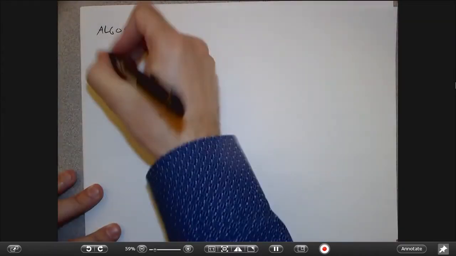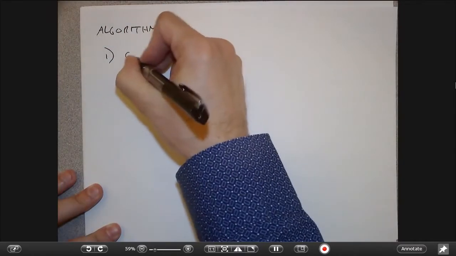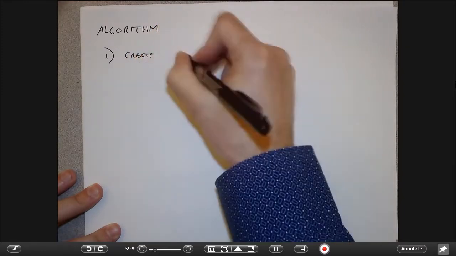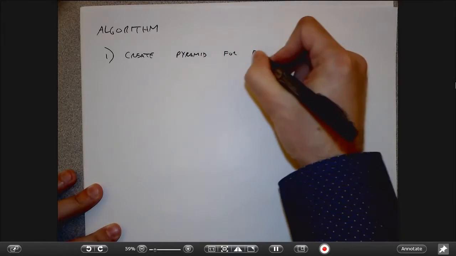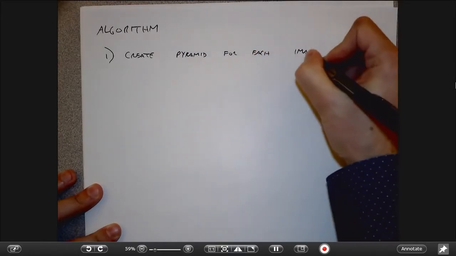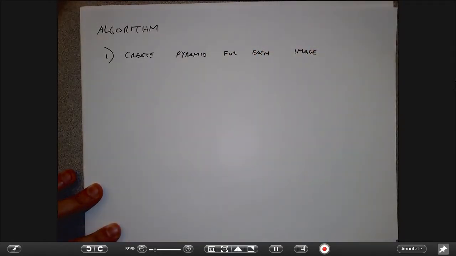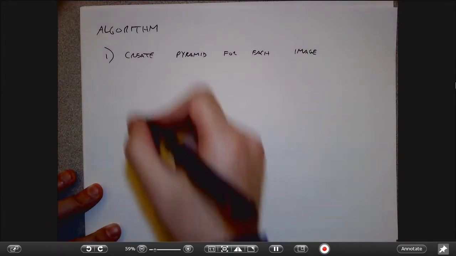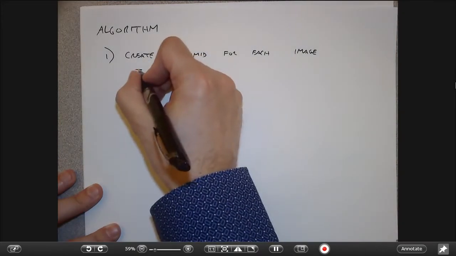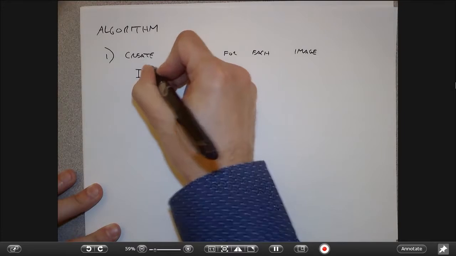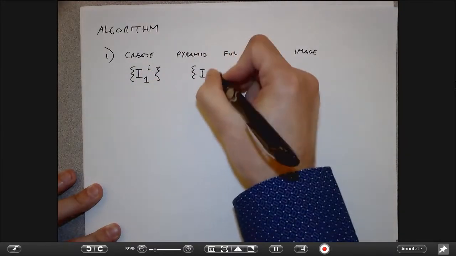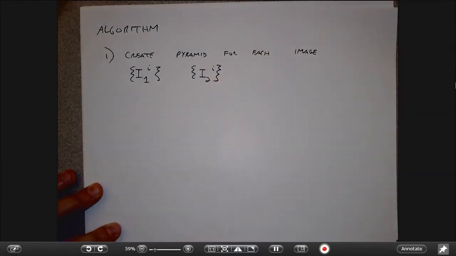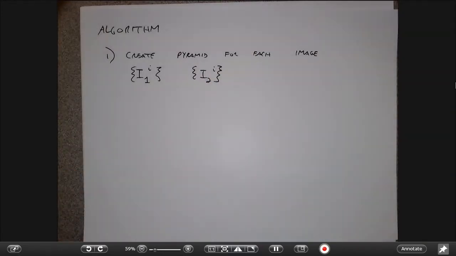So basically, the idea is, create a pyramid for each image. And so let's call these pyramids I1 sub i and I2 sub i, where i indexes the level of the pyramid. Okay?